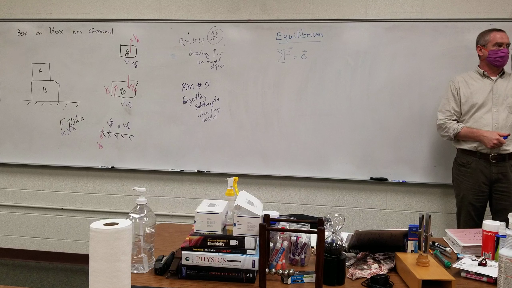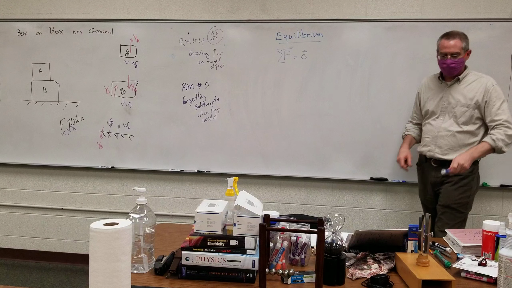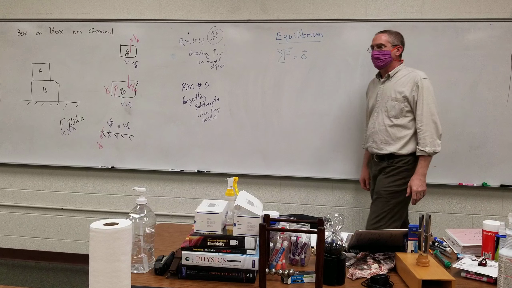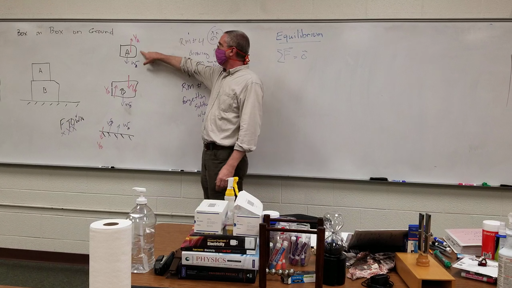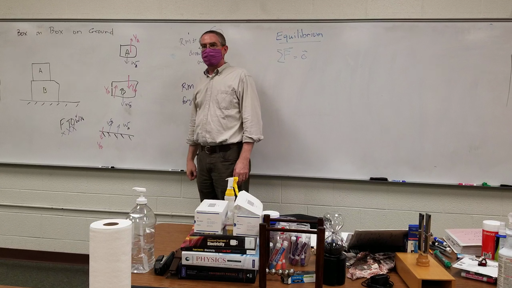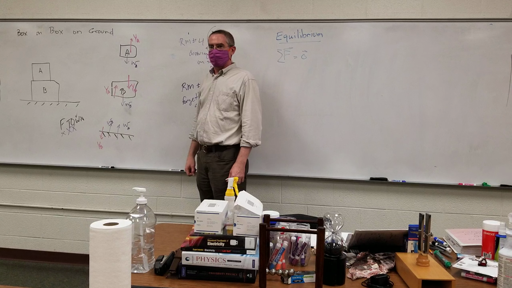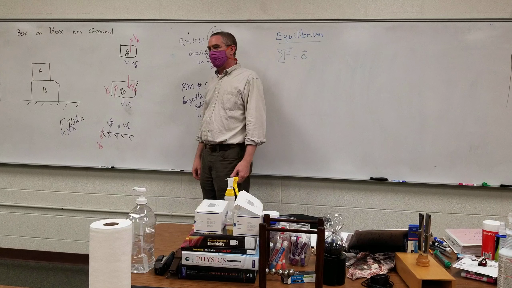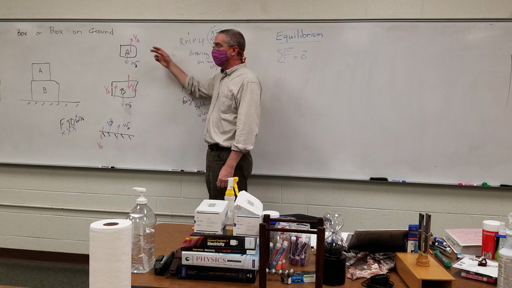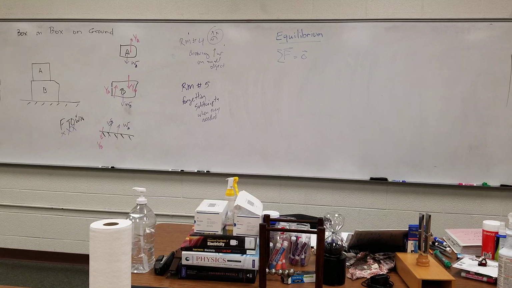Before we just said the forces, it's the magnitude of forces. So if A is in equilibrium, then the normal force and the weight equal each other. If they're not in equilibrium, they're not. It's not in equilibrium. So I think I put in a circle there.